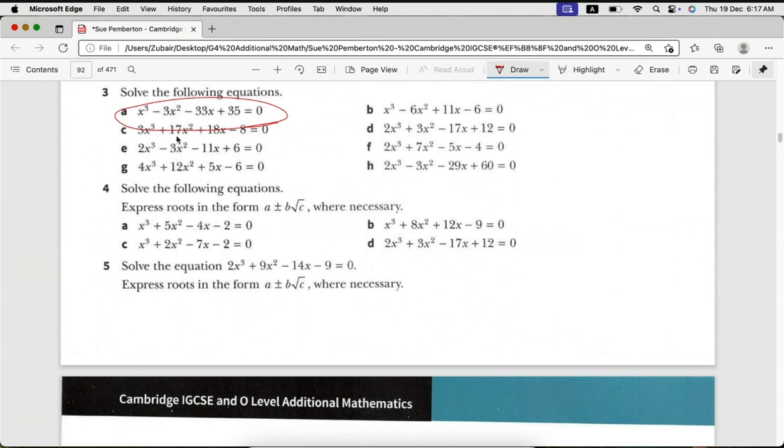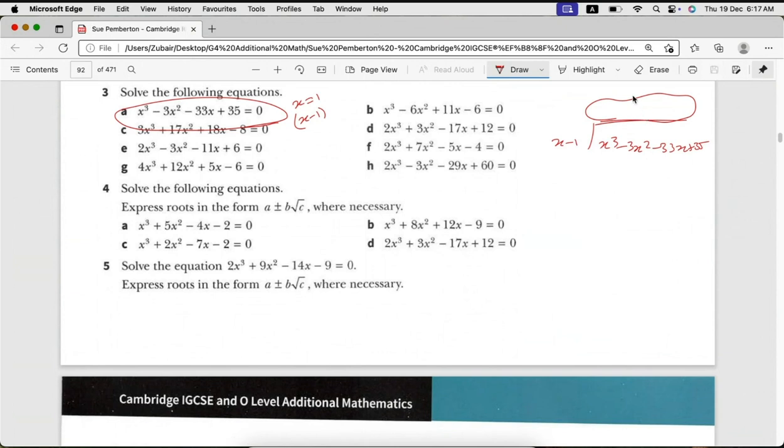So what we do is we just punch in. I'm getting 0 with x equal to 1. That means x minus 1 is a factor. So I will go for long division. X cube minus 3x square minus 33x plus 35, I'll divide it by x minus 1 and get a quadratic factor here.